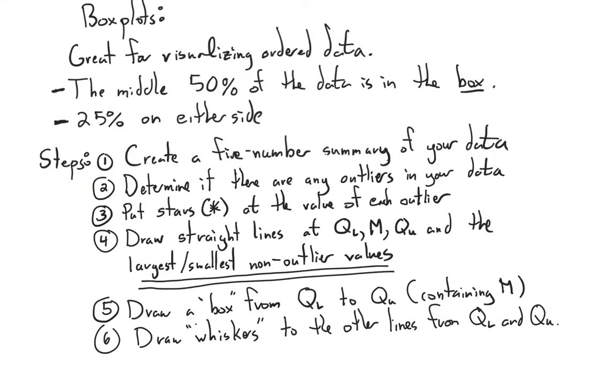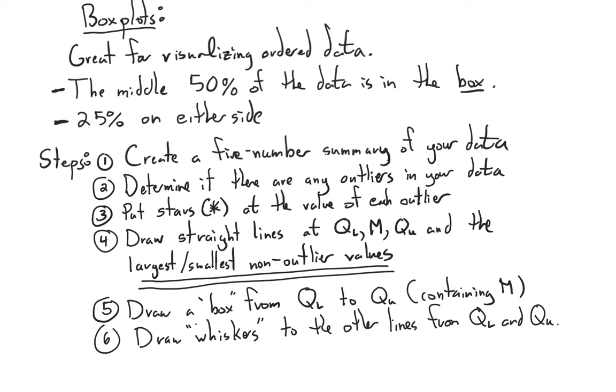All right, so let's talk about a graph for ordered data called a box plot. In some weird sense, it's a very crude version of a histogram that we talked about in a previous video, where we're only having 4 bins for our data.